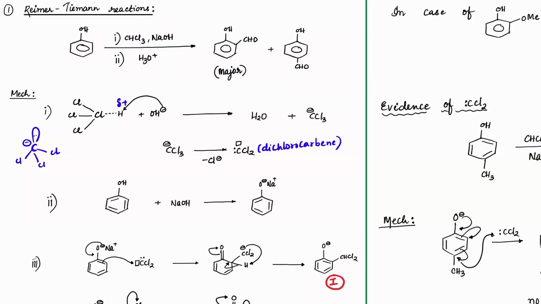How do we need to understand this? When you have CHCl3, OH- will take H+ and convert it into CCl3-. So this CCl3- will give away chlorine, and that is dichlorocarbene. Okay. So this becomes a very important intermediate now. This is an electrophile.